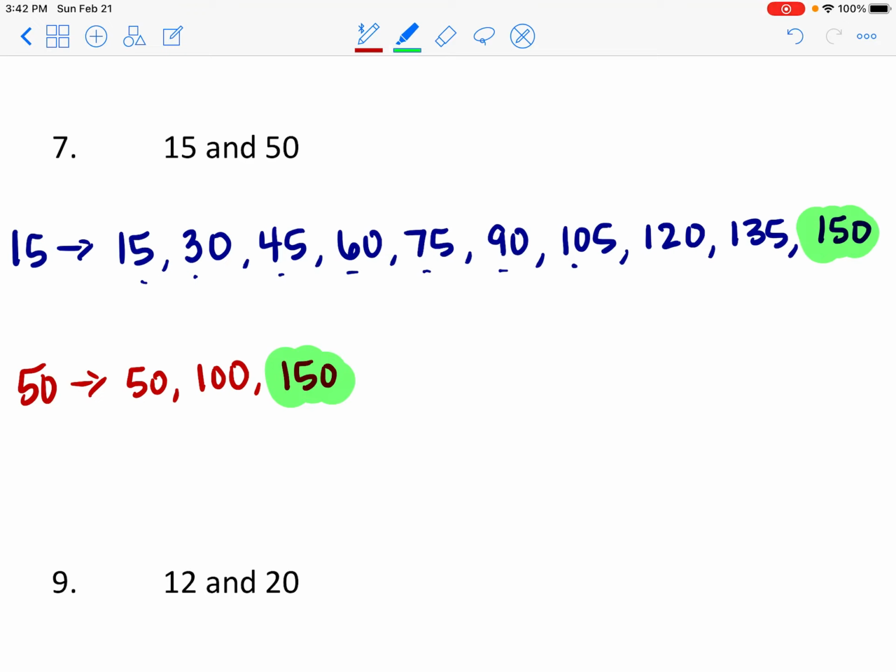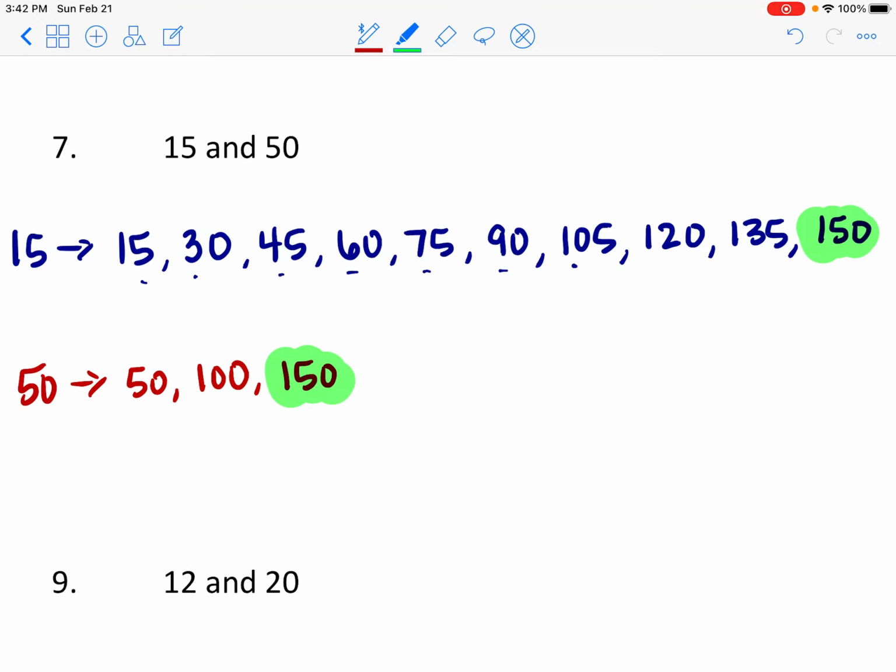Both lists have 3's, but this one has more 3's, so I'm going to circle that. And then one of the lists has a 5, so I'm going to circle that. And that's it. I don't have to circle this 3 because I already took care of 3's over here. I don't have to circle the 2's here because I took care of 2's over here. So I need any factors that occur, and then I want the ones that have the biggest exponents, that occur the most amount of times. Now my LCM will be a product of those.